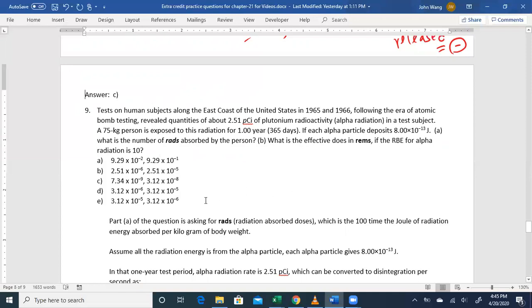Okay, so this is something kind of new, about this unit. So for part A, the question is asking for rad. So what is rad? Rad standing for radiation absorbed dose, which is 100 times the joules of radiation energy absorbed per kilogram of body weight.